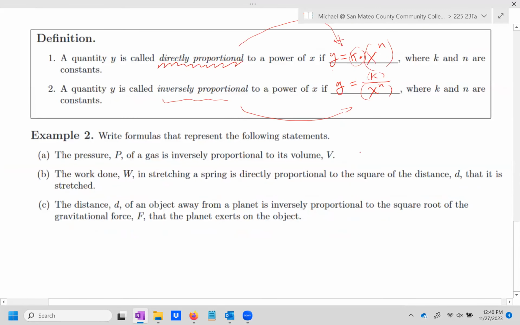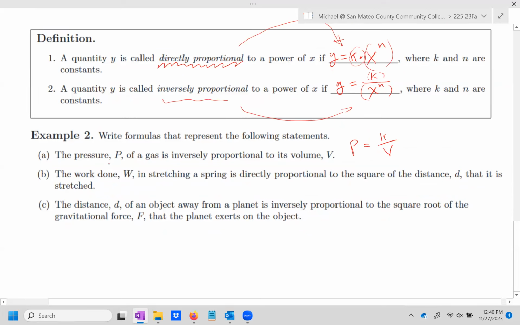So all you're doing is saying P is equal to K over V, which is actually true. It's called the ideal gas law, PV equals nRT, physics.